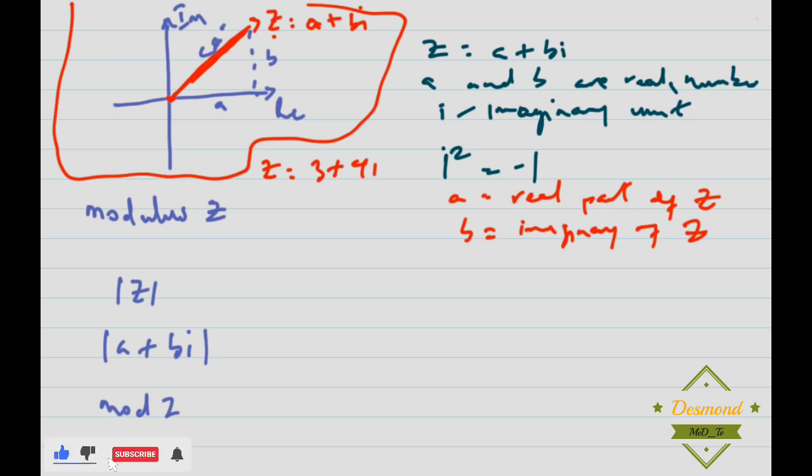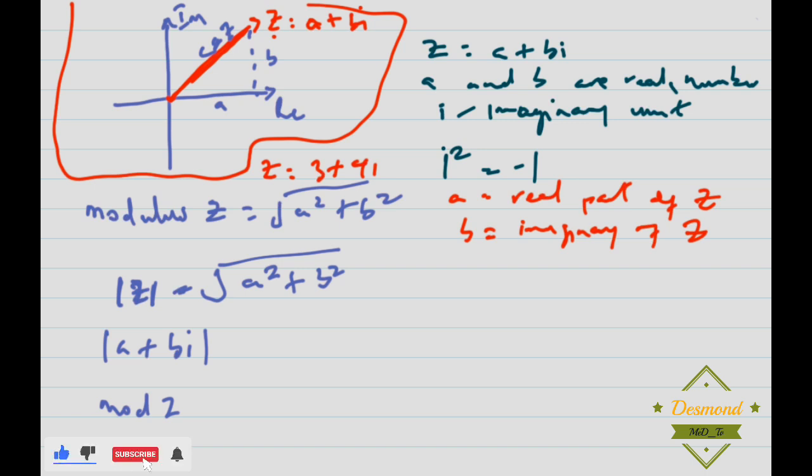This c part is the z part of the complex number, the modulus of the complex number. So the modulus of this complex number is going to be the square root of a squared plus b squared. This can also be denoted by this. So the modulus of the complex number equals the square root of a squared plus b squared.